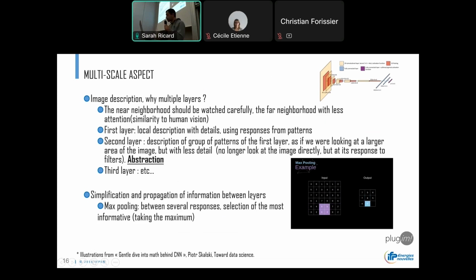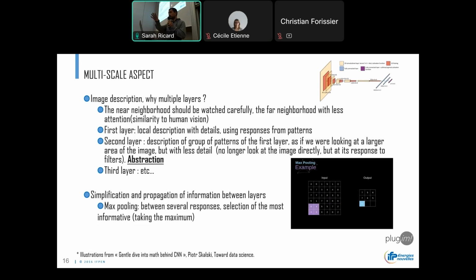To make a simplification from an input to an output, to reduce the size by a factor of 2, we take, for instance, 4 values in the input image, and we take the max of the 4 values to compute the output. That is what we call max pooling. You can see it as: between several responses, we take the most informative one, the maximum of the intensity.